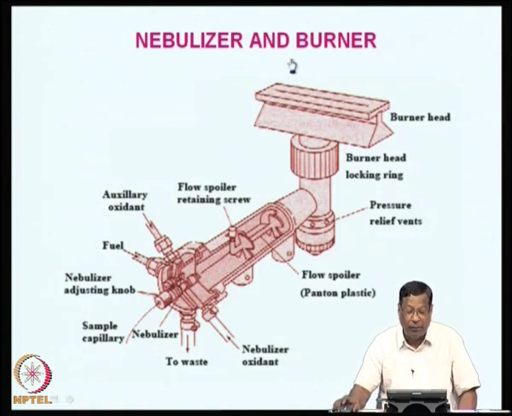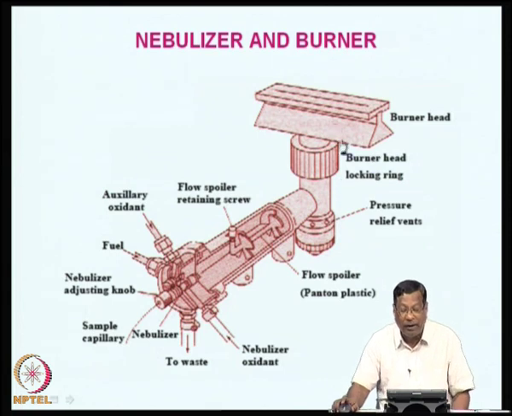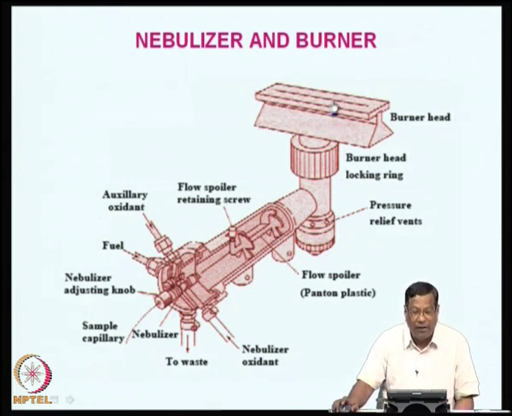So, we have a burner head, locking ring, pressure relief vents, and burner as the other components. In general, both these two units can be taken out, cleaned separately and used as such.